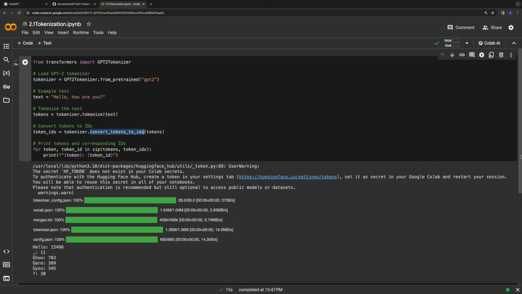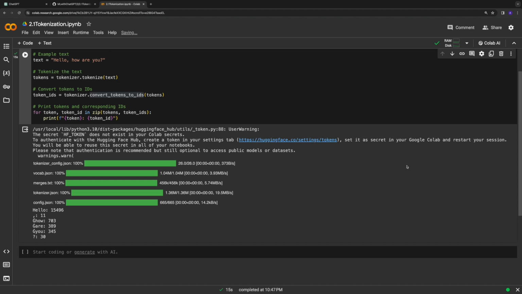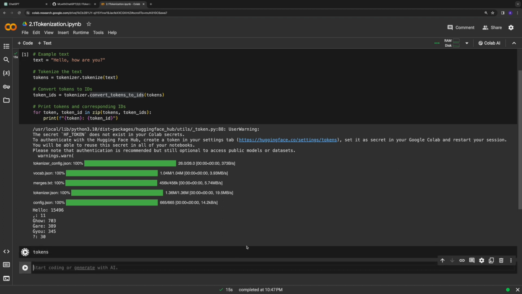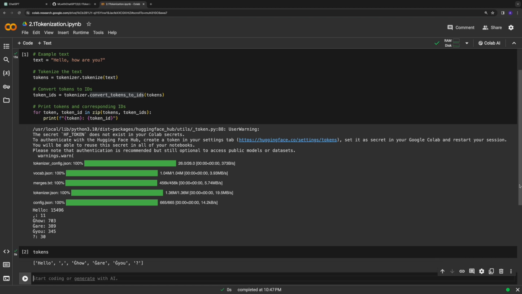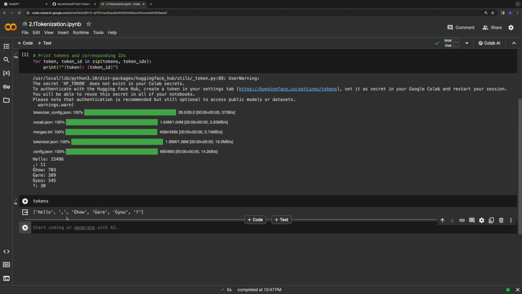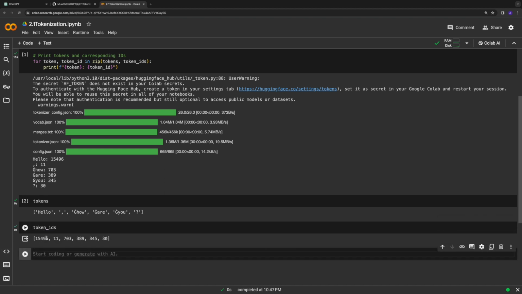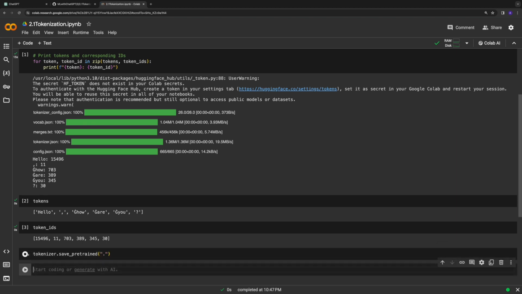So this is the result. Hello transforms to an integer. We can see the tokens, which are how are you, and the token IDs. So let's take a look at the file and save it to the local folder.